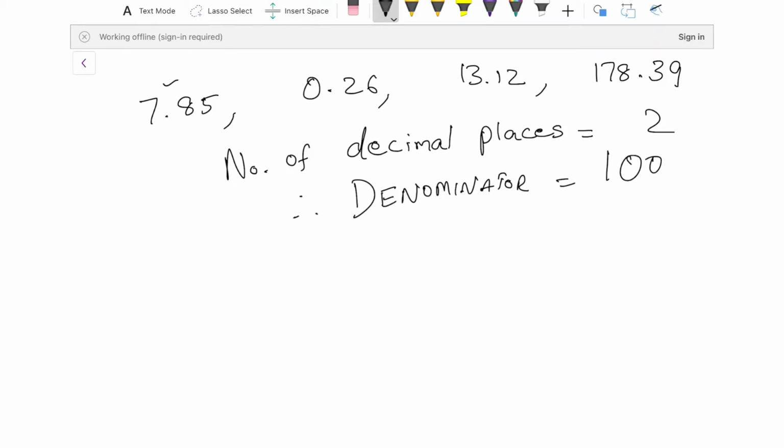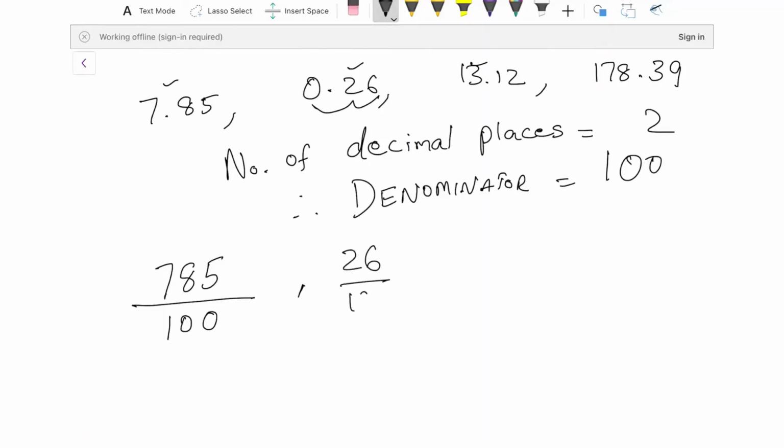So convert these into fractions. 7.85 can be written as 785, remove the point and just write the number as it is, 785 by 100, that's right. And then 0.26 can be written as 26 by 100. 13.12 can be written as 1312 by 100.